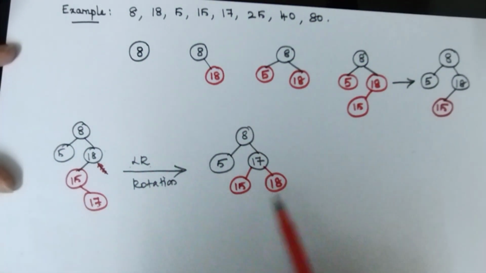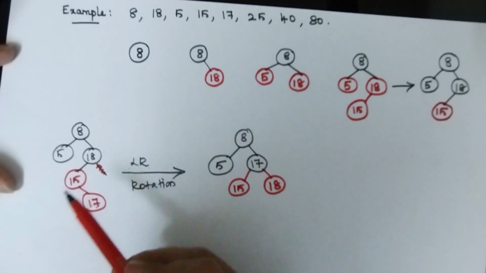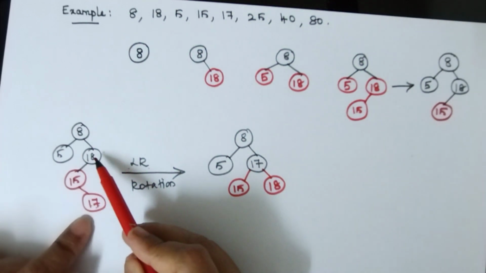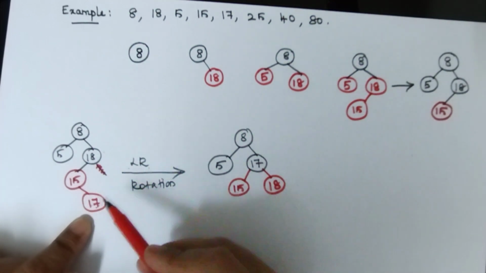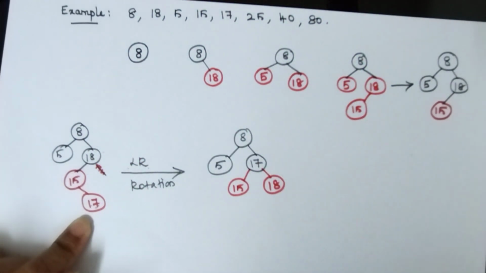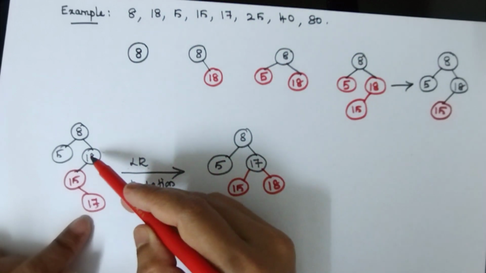If you apply LR rotation, this will be the final tree structure, and you can see the color of the nodes. What I have done is I just swapped the color of 17 and 18. I have swapped the color of this node with this node. When you are performing double rotation, at that time you should swap the color of the child node with the grandparent.